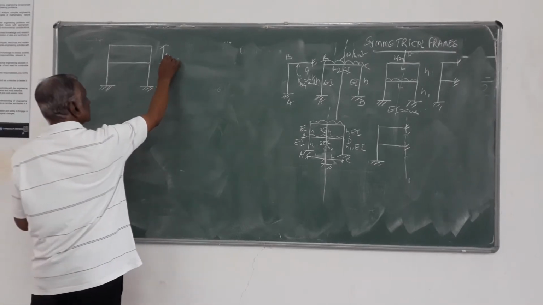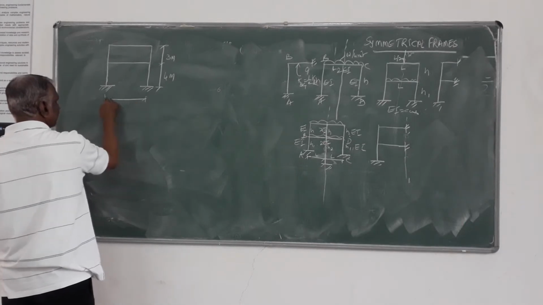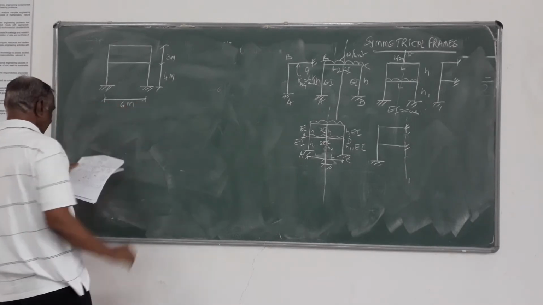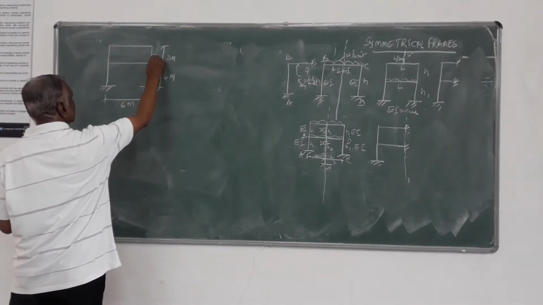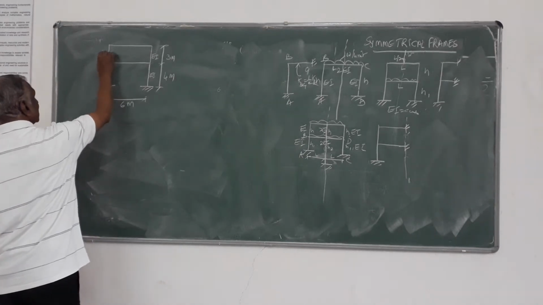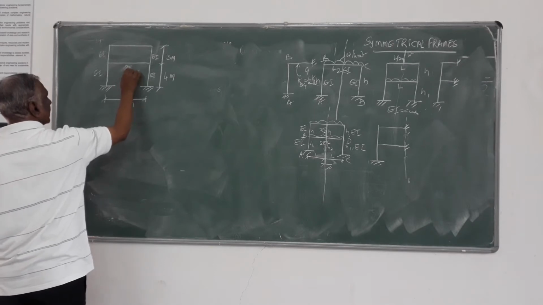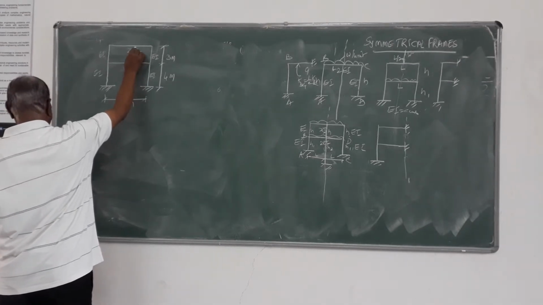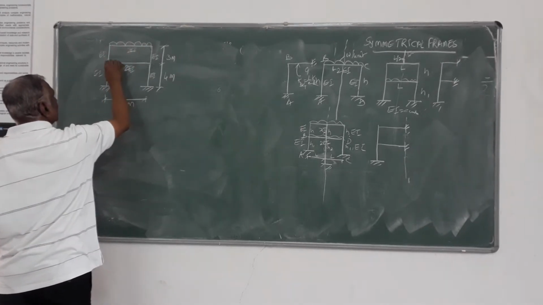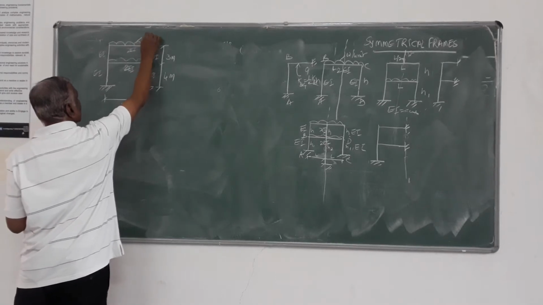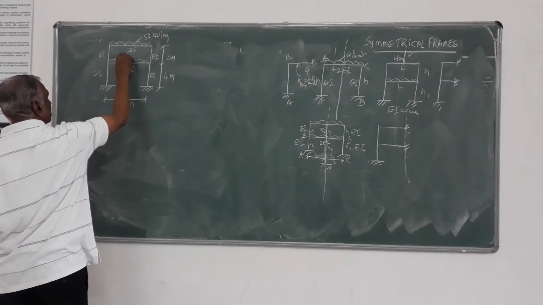So this is 3 meters, 4 meters high, and span 6 meters, and EI value, this is EI, and this is 2EI, and loading I will take 50 kilonewton per meter, 100 kilonewton per meter.